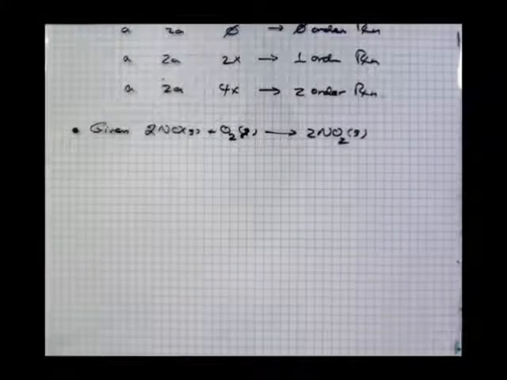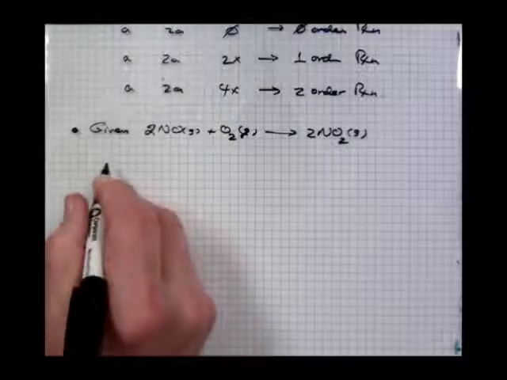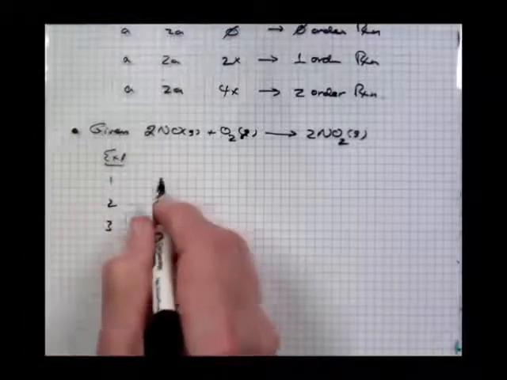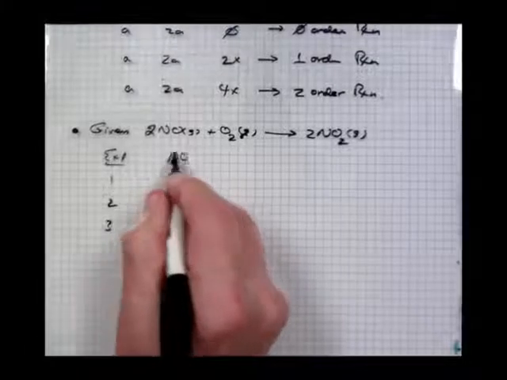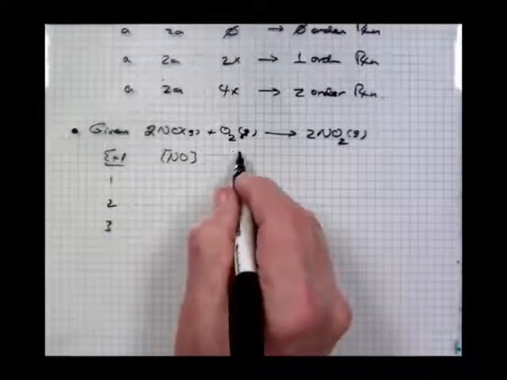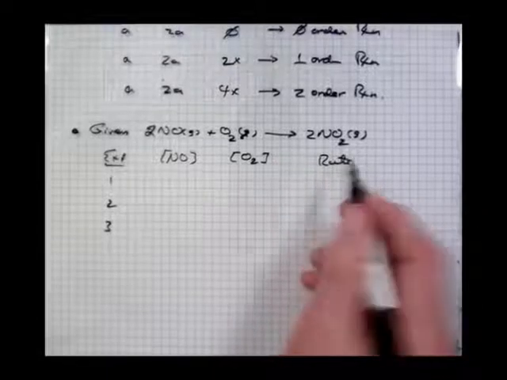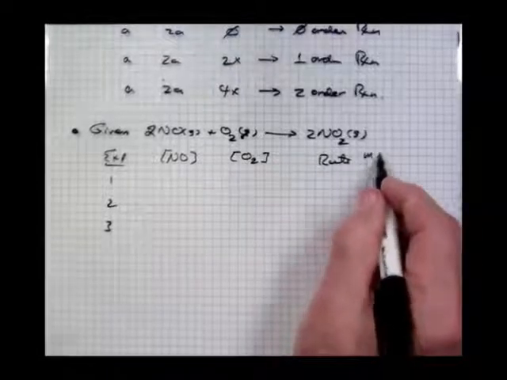All right. Okay, in the experiment, and I'll try to do this one out. 1, 2, 3. We have a concentration of NO, and they're all gases. O2 gas, and then you have a rate, and it's in moles per liter per second.